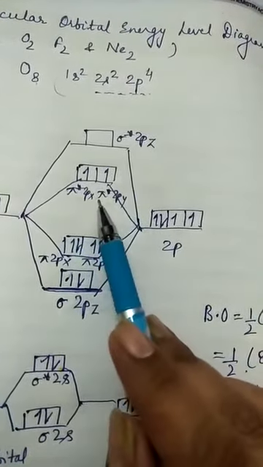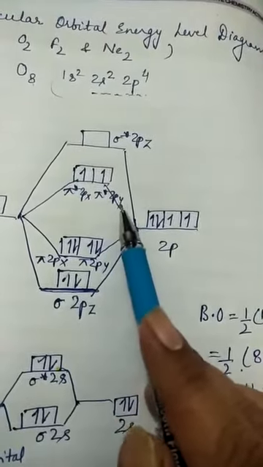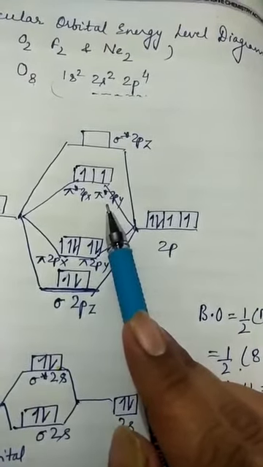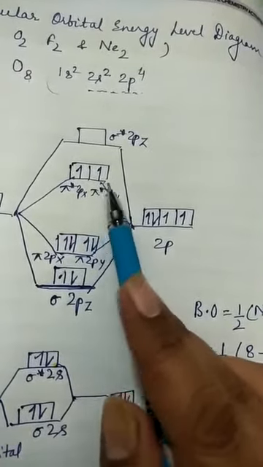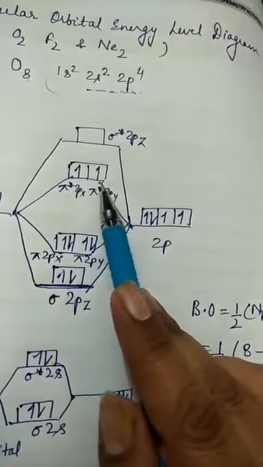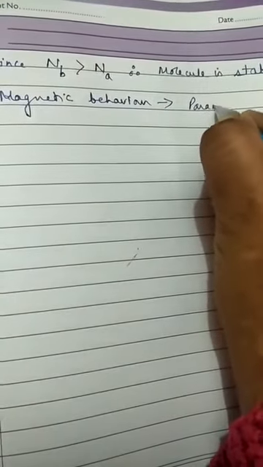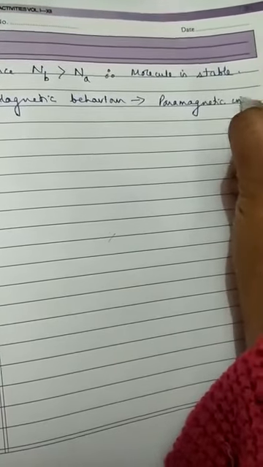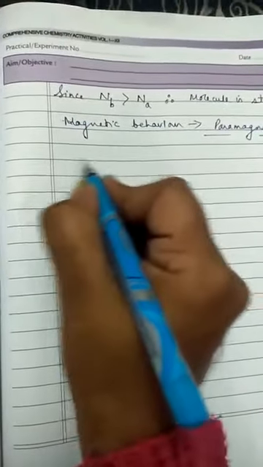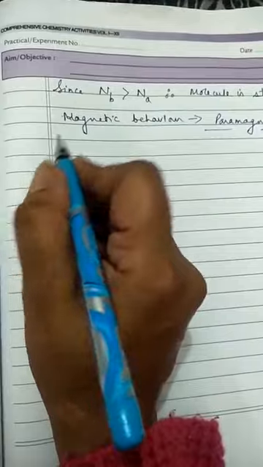Since the pi star 2px and pi star 2py each have one electron, two unpaired electrons, therefore it is paramagnetic in nature. Right, so the magnetic behavior is paramagnetic in nature. Yes students, now this was for the oxygen molecule.